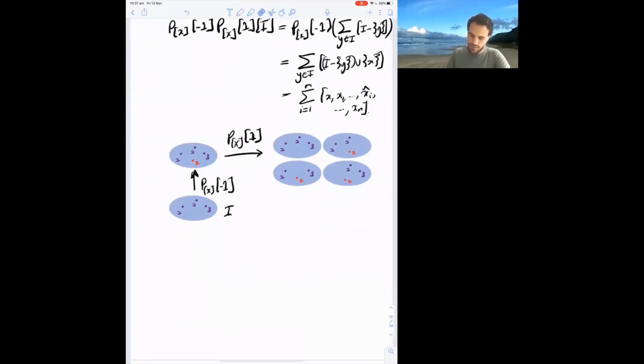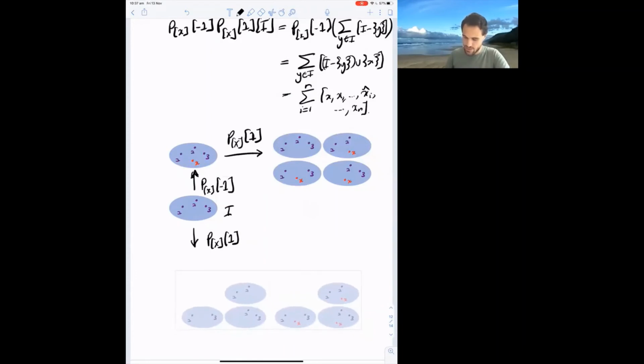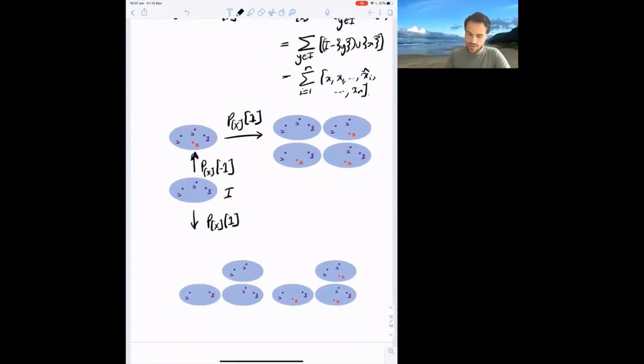On the other hand, if you start with I and you subtract any point, then you basically end up in this situation here. So obviously we mean sums of cycles when we do this. And then if you add the point x, this is what you get. Okay, so the difference is this single term, which is what we started with. So maybe that picture makes it clear what's going on.